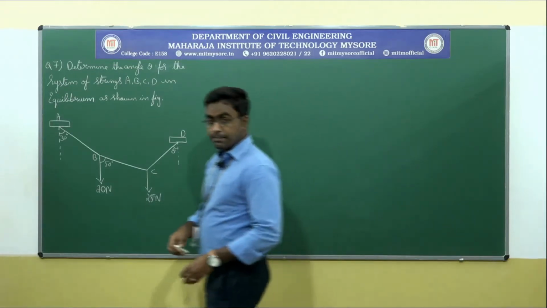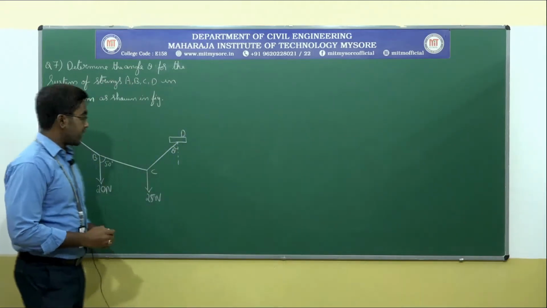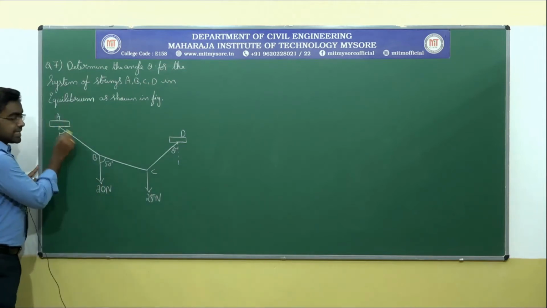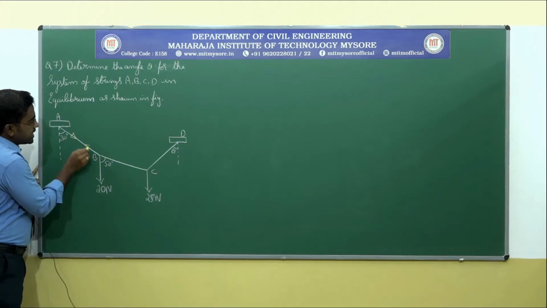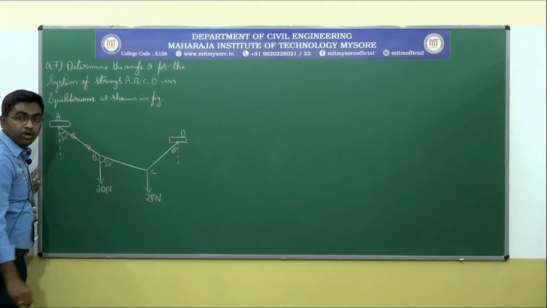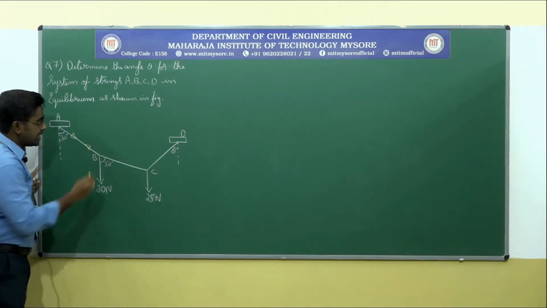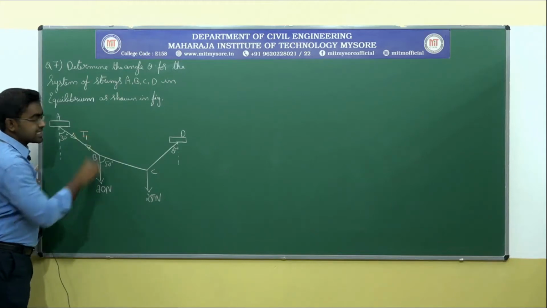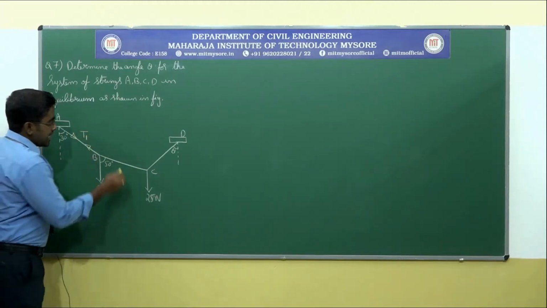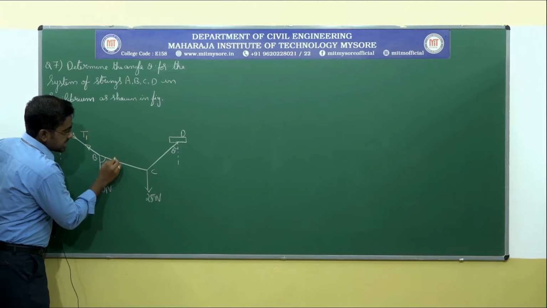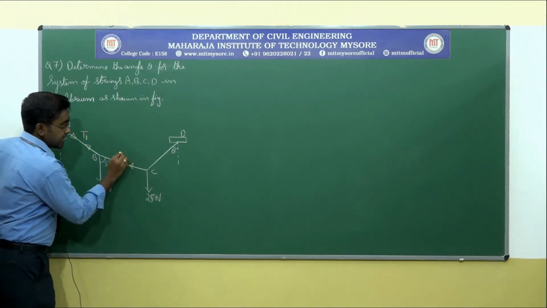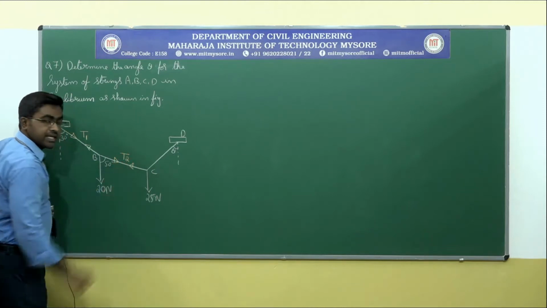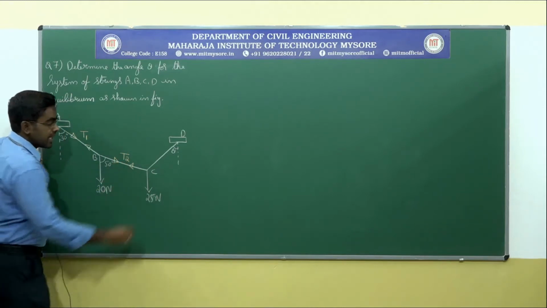First, let us represent the tension in the strings. This is the AB string. We have to represent the tension with two arrow marks coming inward, and let me represent it as T1. Next, this is the second string, BC, and the tension in the string BC, let me represent it as T2.